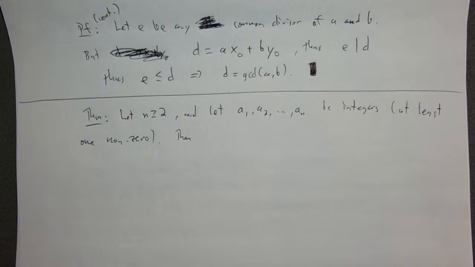That's not what we're even going to use to get us across the finish line here. We are going to use the fact that we've used the Euclidean algorithm to prove that we can write the GCD as a linear combination, and then we're going to use the fact that we can write the GCD as a linear combination when you're talking about a list of two numbers to show it in the general case using induction. So that's the idea.